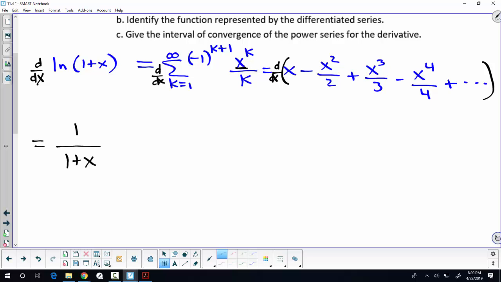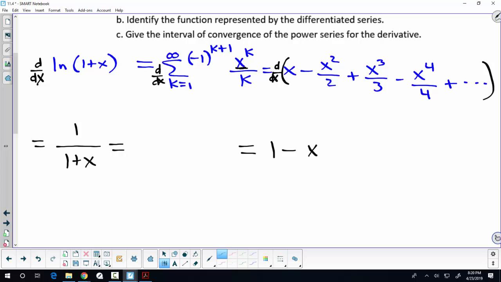So when we take the derivative of that series, notice we're going to get the series for 1 over 1 plus x. That's the alternating geometric series, rather. Derivative of x is 1. 2 comes down, so we have 2x to the first over 2.